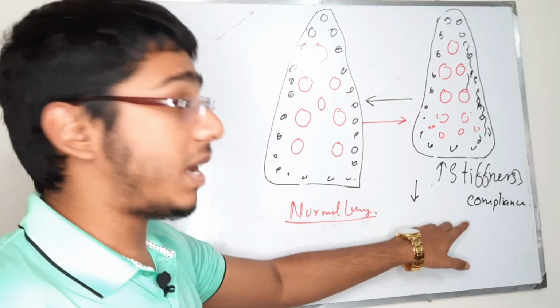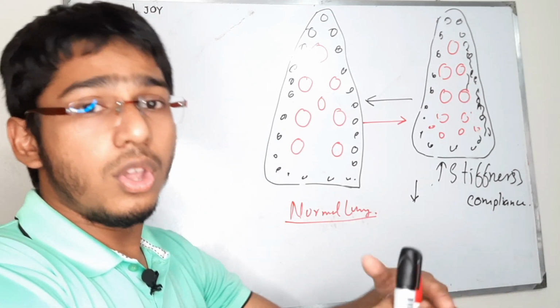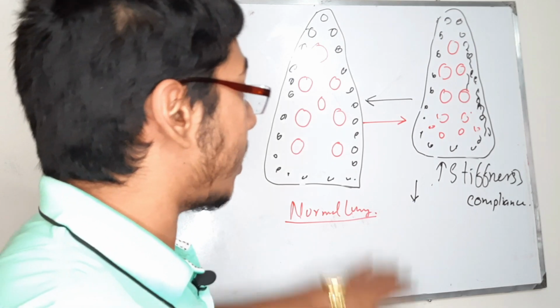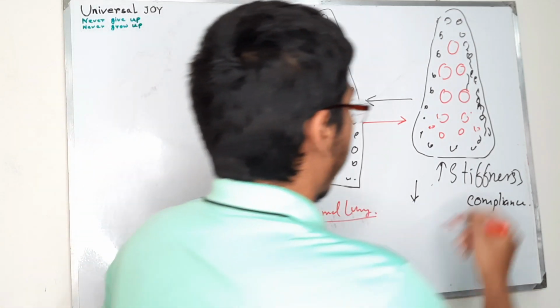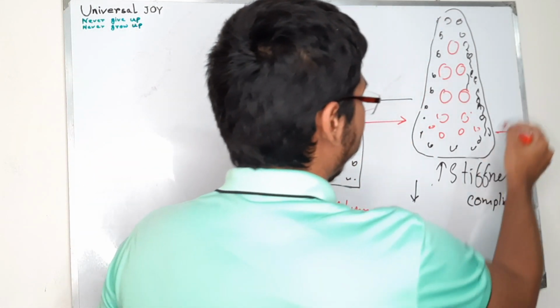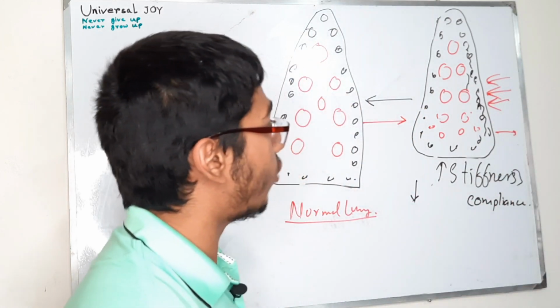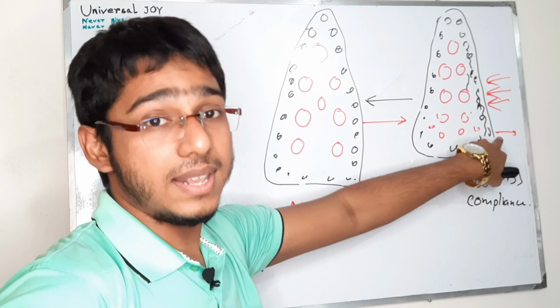That means it becomes very difficult for any individual to pull the lung outward even during inspiration. Now this indicates the outward force remaining the same, but the inward force is going to be winning the battle over the outward force, which is exerted by the chest wall.